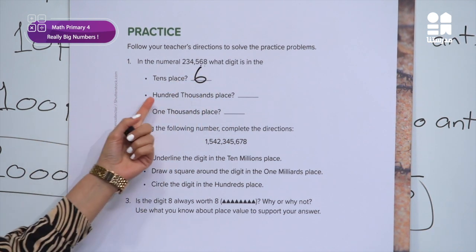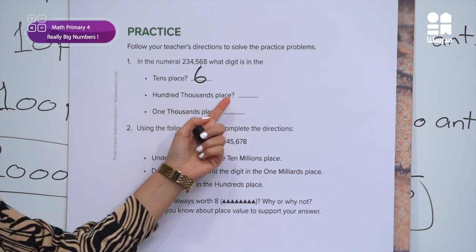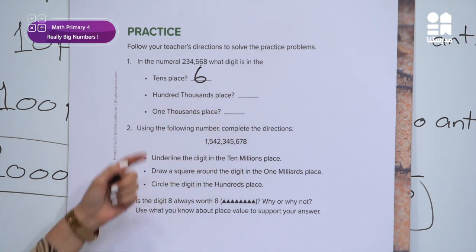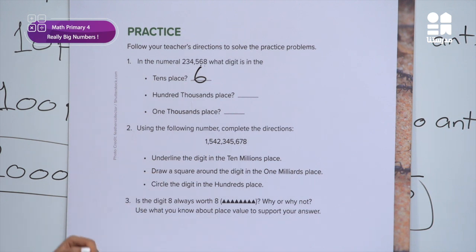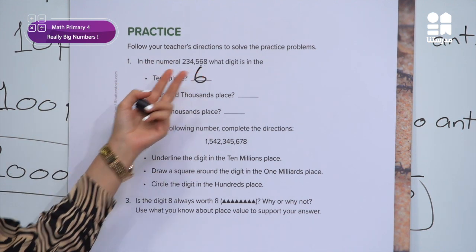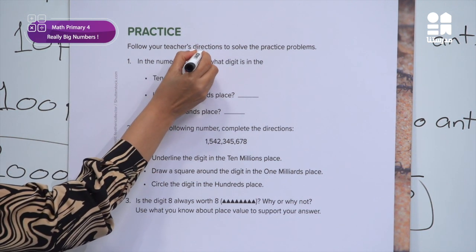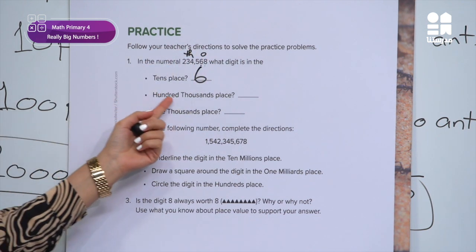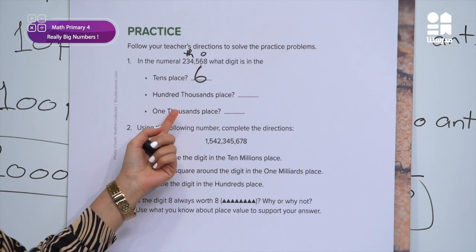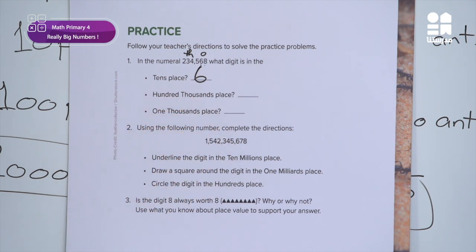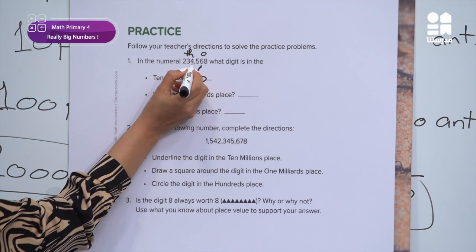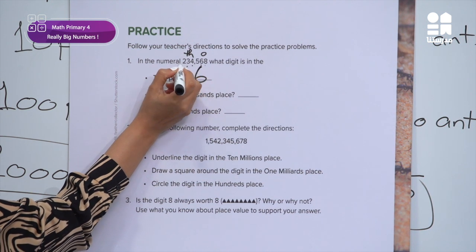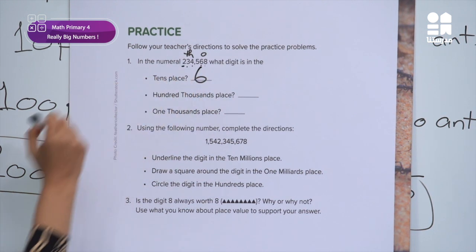Okay. And which digit is in the hundred thousands place? Now, first of all, I have how many periods here? Here, the ones, and here is the thousand. So, where is the 100,000? Yes, this is the thousand, this is the 10,000, and this is the 100,000.